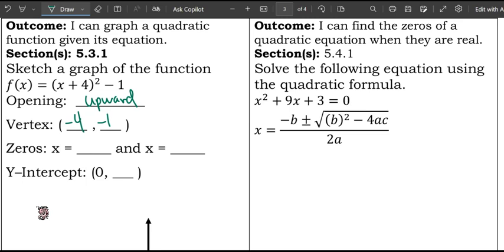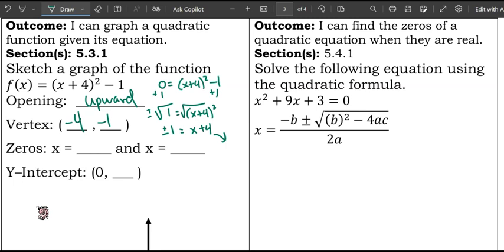For the zeros, we want to set the equation equal to 0 and solve for x. Add 1. Get the square root of each side. You have plus or minus 1 equals x plus 4.